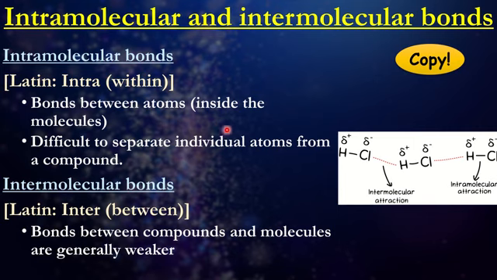Okay, so just some definitions, intramolecular bonds and also intermolecular bonds, just describing what they are between each other, and that's sort of your little depiction of where to find them on a chemical structure.